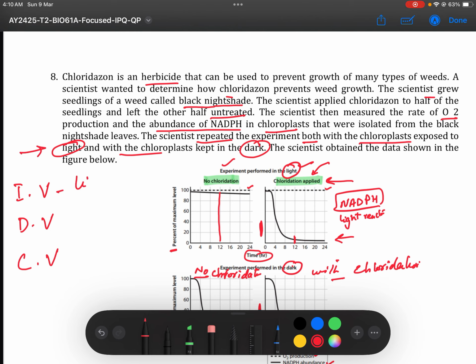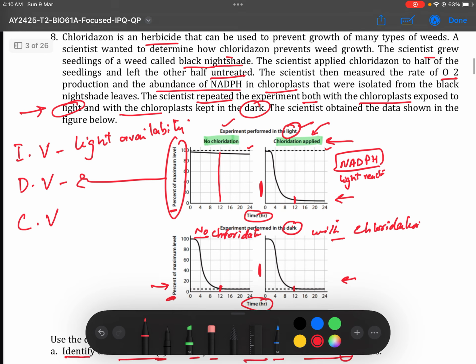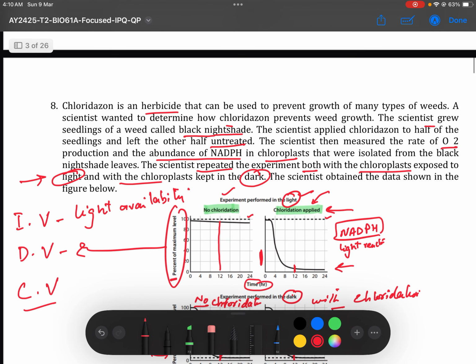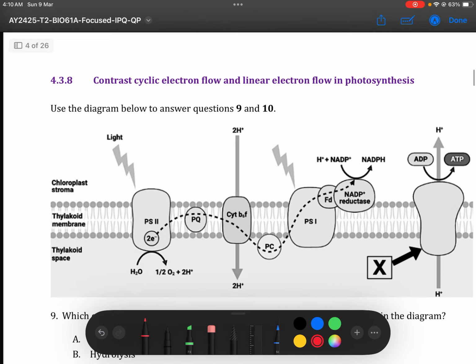So if it is light availability, then the independent variable is light availability, and the dependent variable, of course, is always the y-axis. What are the control variables they have used over here? Control variables are how much chloridazone has been applied, meaning 1 ml, 2 ml, 5 ml, what type of plant has been used, the plant type, the temperature, the time. So you can say these are the control variables.